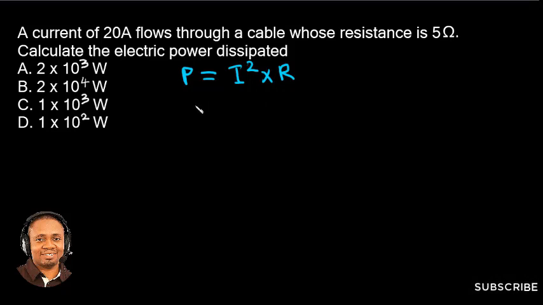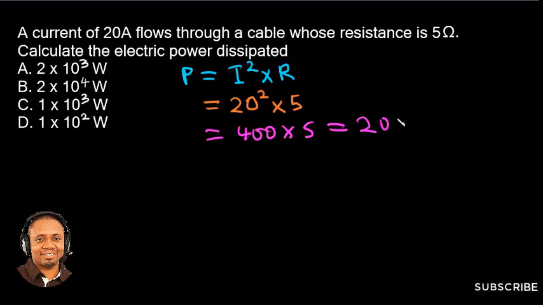Okay, so already we're given the value of the current, which is 20 amps. So we input the value, which is 20 squared, times the value of the resistance, which is given as 5 ohms. Alright, so now we simplify further. 20 squared will give us 400 times 5, and this will give us a final answer of 2000 watts.